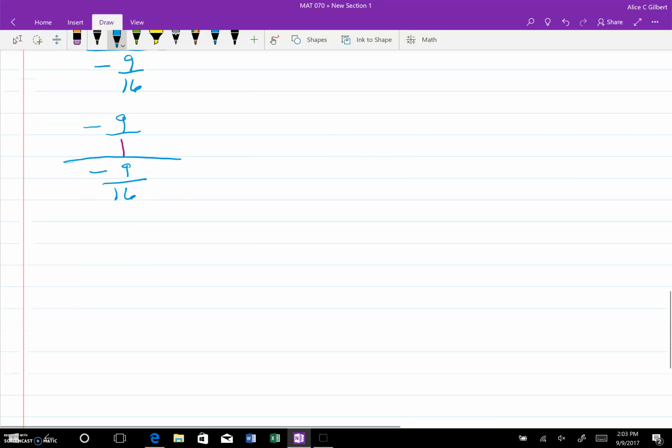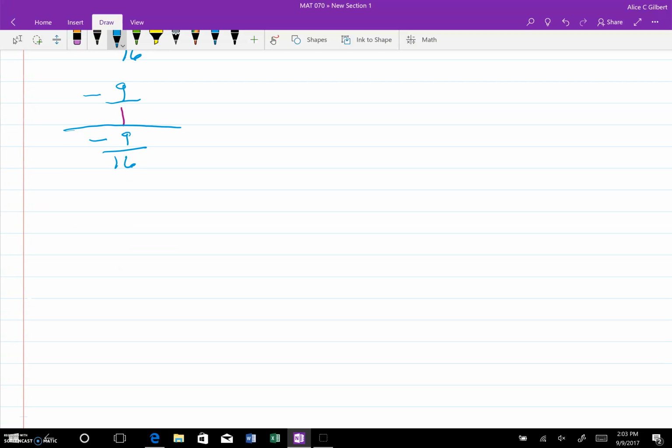So let's go ahead and do our copy.flip. So we've got negative 9 over 1 dot, change divide to multiply, and now I can't have two operators next to each other, remember? So I have to put parentheses, because multiply times a negative are two operators, and then I flip the bottom one, 16 over 9.